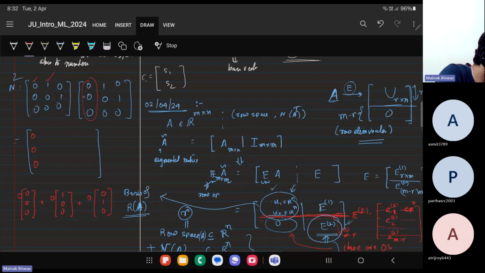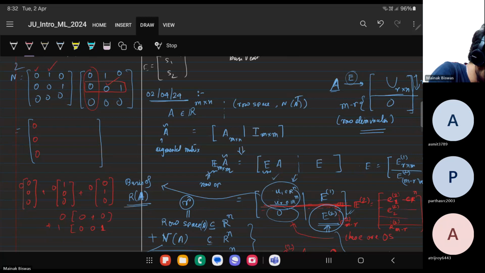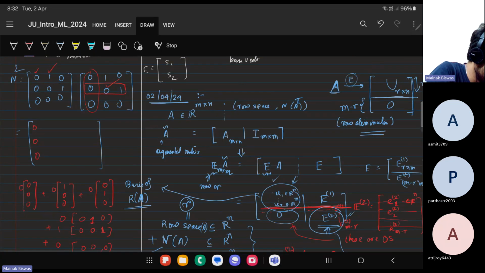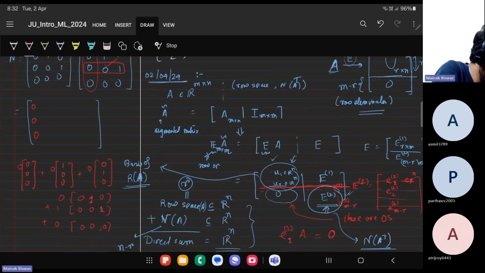This 1 into this row. Yes. 0 into 0, 0, 0. Then 0 into 0, 0, 0. So what does it end up being? 0, 0, 1, right?